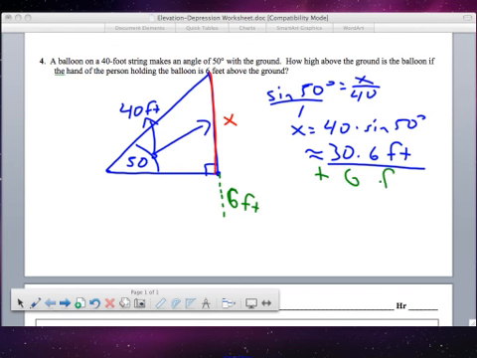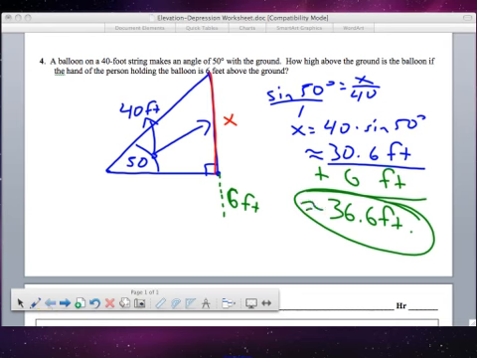And so the balloon is actually 36.6 feet above the ground, roughly. So anyway, hopefully this is a pretty good introduction to this idea of story problems involving SOHCAHTOA. And again, when you come into class tomorrow, we have 12 additional examples that we'll look at in class to make sure you all feel confident in your ability to solve various story problems.